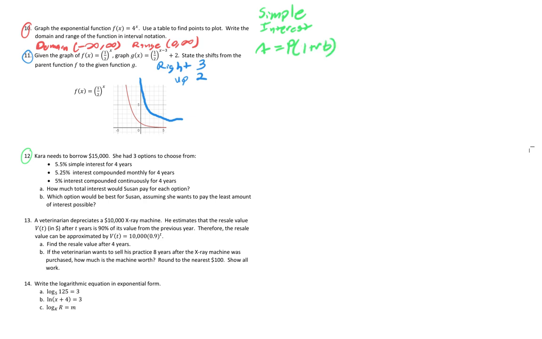And then our compounded monthly equation is A is equal to P(1 plus R over N) to the power of NT, where N is the number of times interest is applied per time period. So in our case, since we're monthly, we're going to put 12 there.